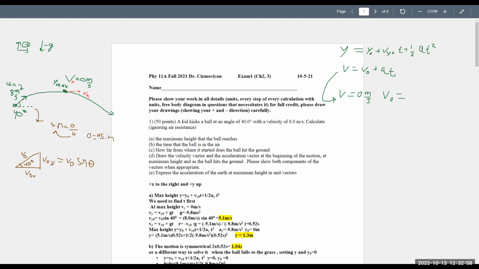And here the v naught y is your opposite and the v naught is your hypotenuse. I'm going to write opposite out because I know that it kind of looks like a 0. And that means that this one's cosine, so v naught cosine theta.